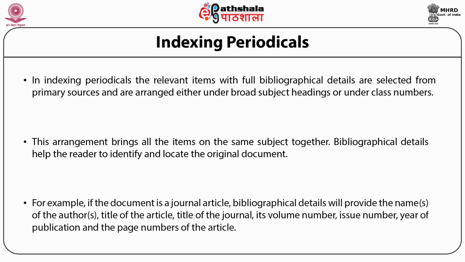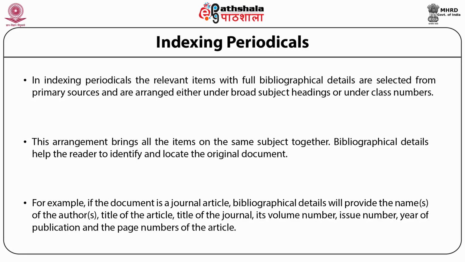For example, if the document is a journal article, bibliographical details will provide the name or names of the authors, title of the article, title of the journal, its volume number, issue number, year of publication, and the page numbers of the article. The indexing periodicals also provide author and subject indexes of the items covered.